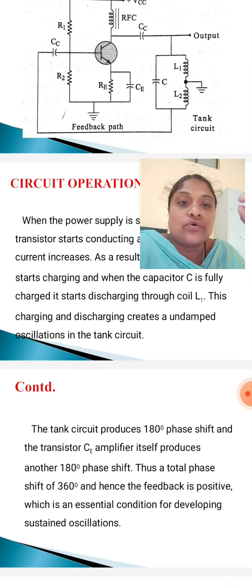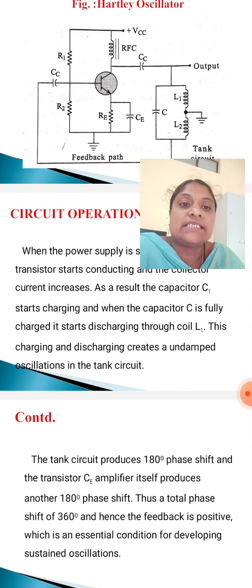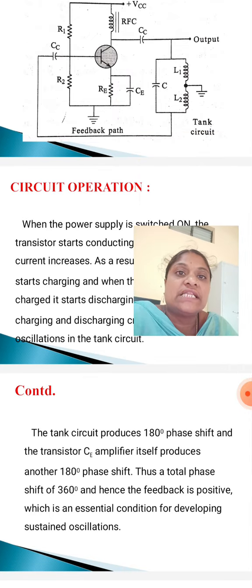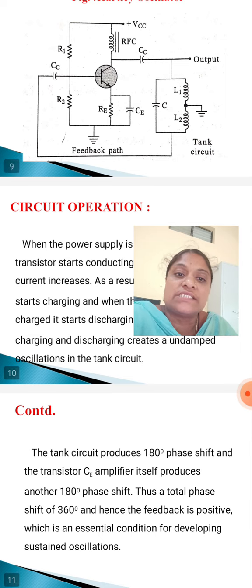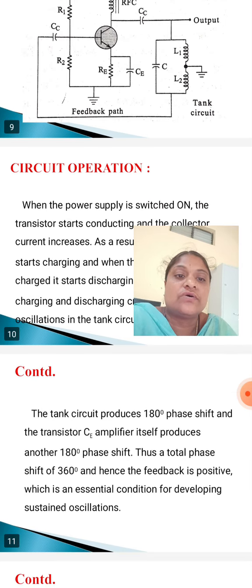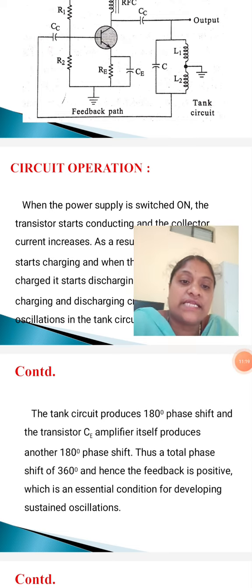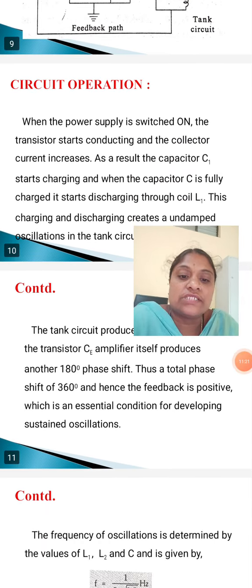Thus, a total phase shift of 180 plus 180, that is 360 degrees, and hence feedback is positive, which is an essential condition for developing sustained oscillations.